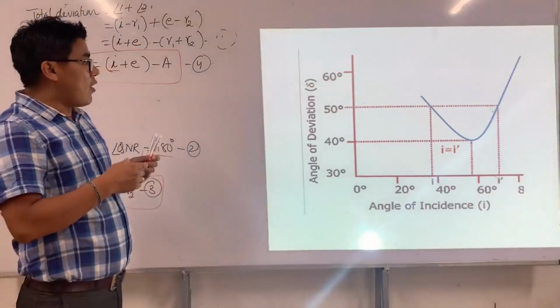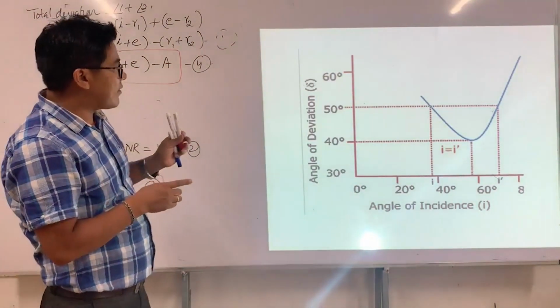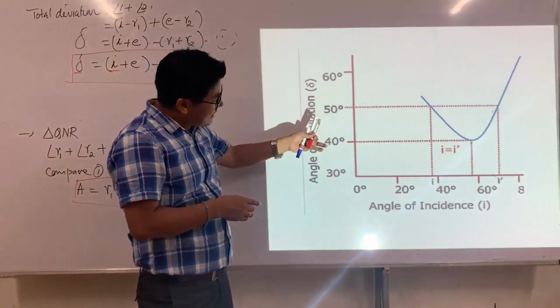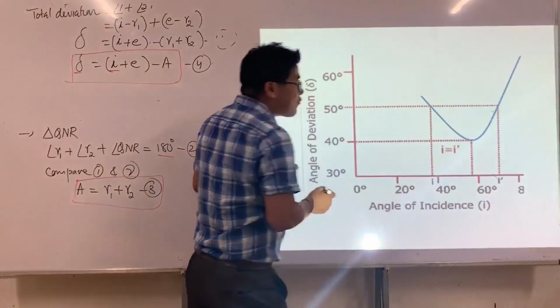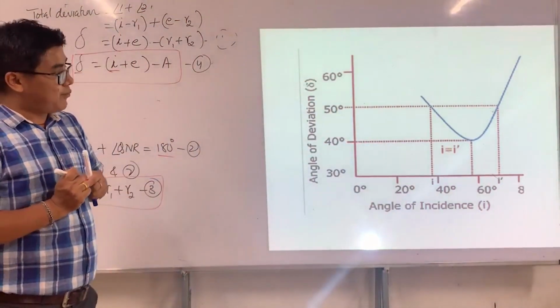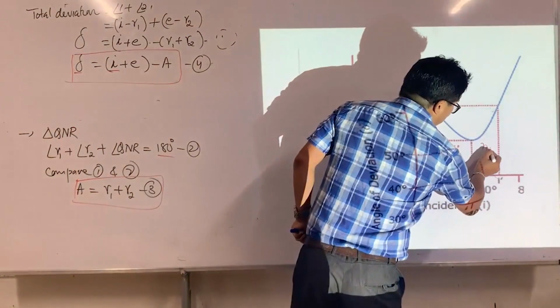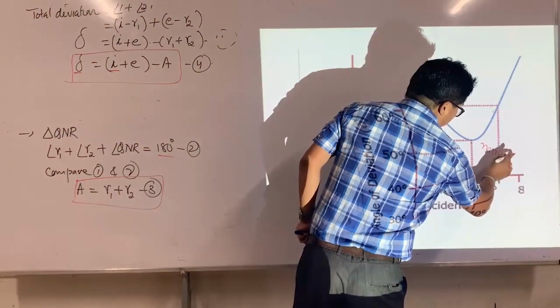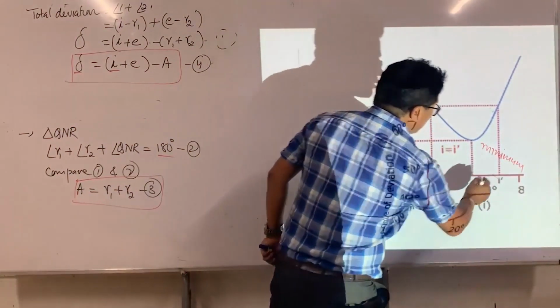As the angle of incidence increases, the angle of deviation decreases, and you get a point where you find a minimum deviation. This is what we call minimum deviation.